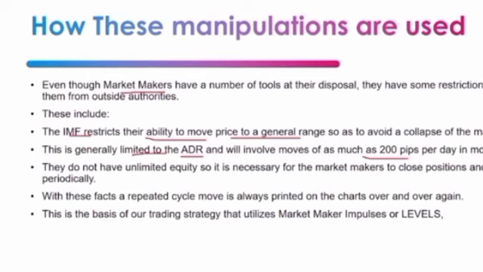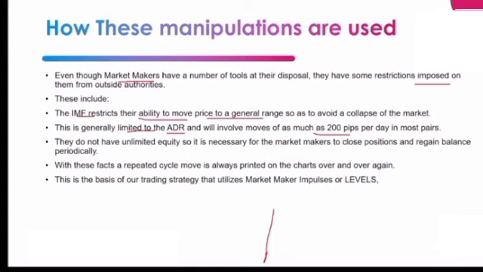What do we mean? If market makers buy a certain currency pair, we usually see the market going up, and after going up, they reach the determined average daily range. They need to close some positions, and that will probably result in the market pulling back or consolidating.